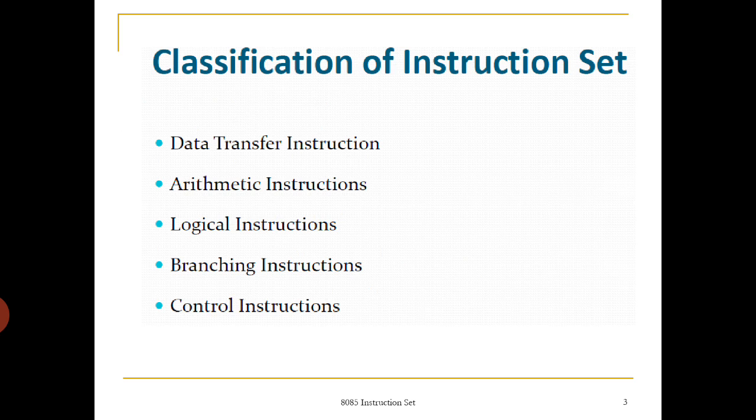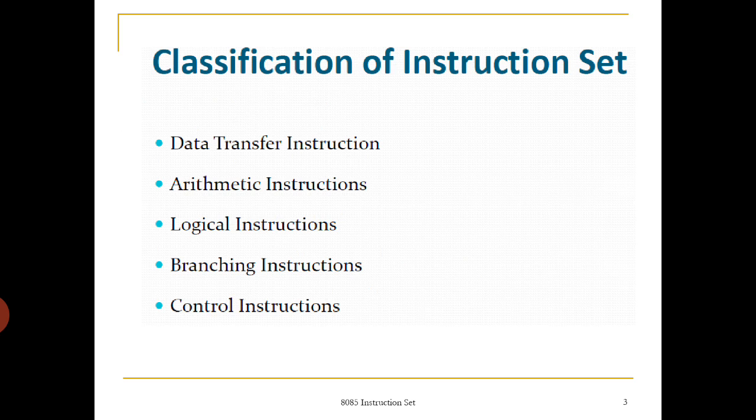Classification of the instruction set according to the different addressing modes. The instruction set is divided into the following parts: data transfer instructions, arithmetic instructions, logical instructions, branching instructions, and control instructions.